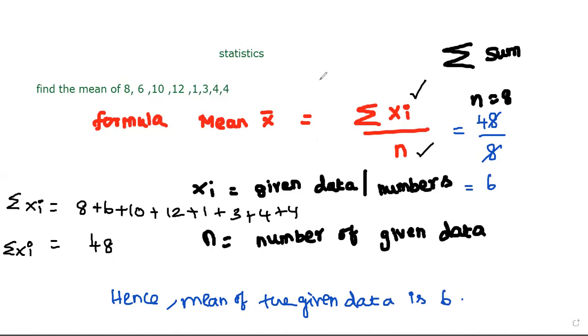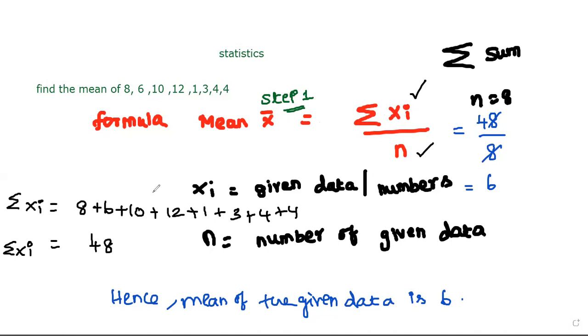Are you confident about the problem? Yes. Will you be able to solve it if I give you a similar question? Yes. Okay, please note it down step by step. The first step is writing down the formula. You also have to be careful with the notations. So mean x bar is equal to summation x suffix i whole divided by n.